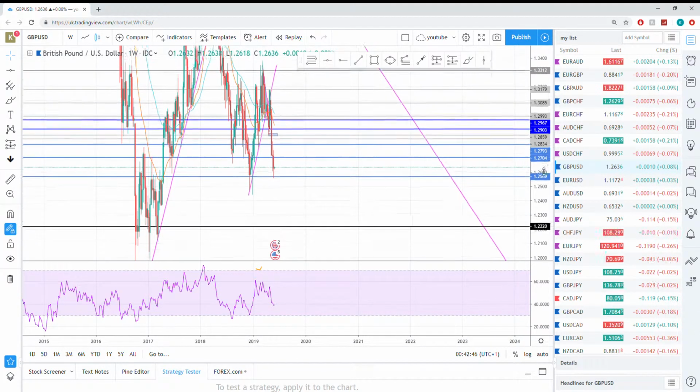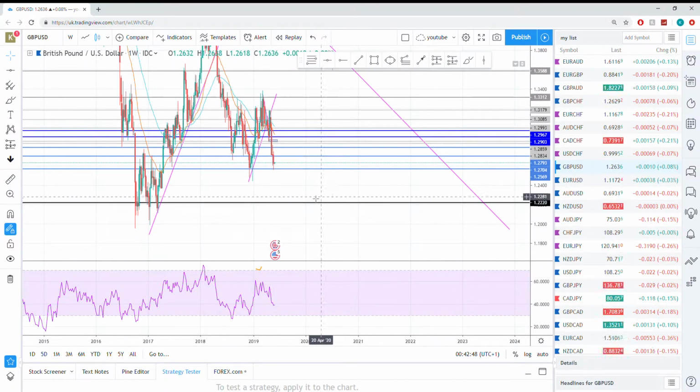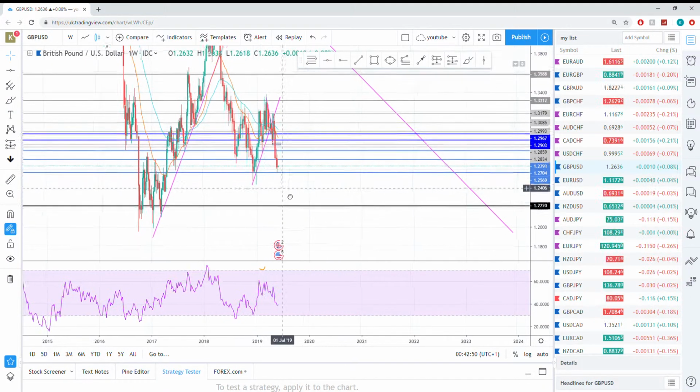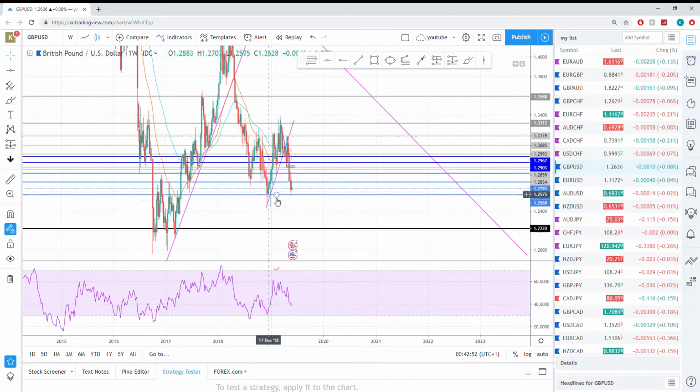So we are coming back to retest this level here. I do believe that we could find some support from this level, maybe a retest to come back down here and test the waters on this level at 1.2704 and potentially see an upside from that.